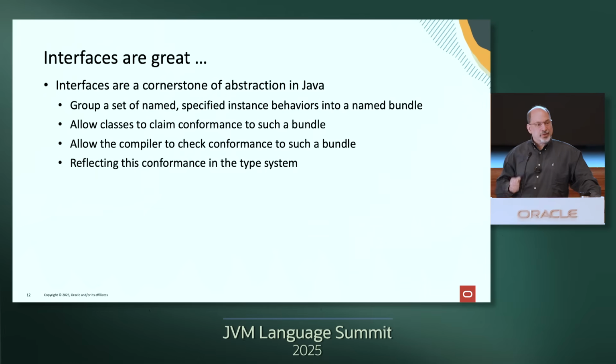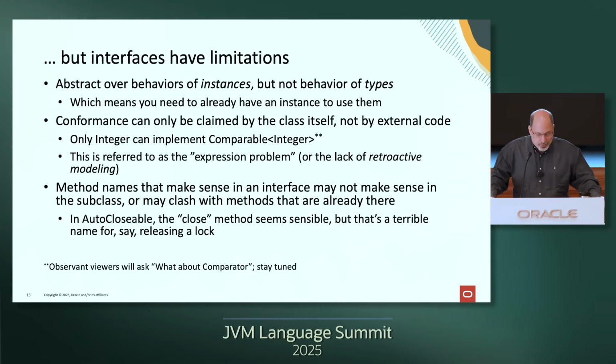They allow the compiler to type check, do you really conform to that bundle of behaviors? You say so, but I'm gonna verify it. And then that conformance is reflected in the type system. So you can use that interface name as a generic type bound, or as a method parameter type, or method return type. So interfaces are great, but they do have some limitations that we just talked about.